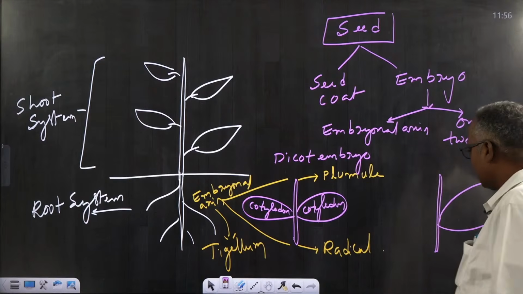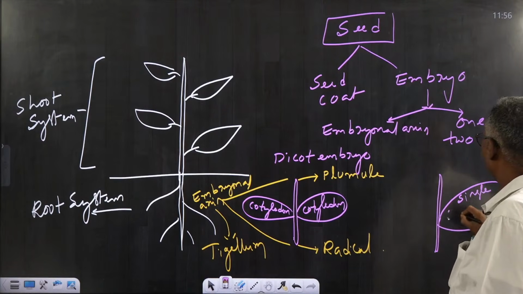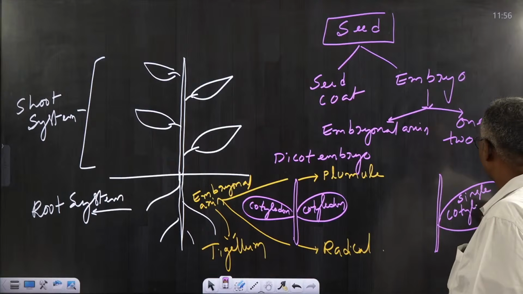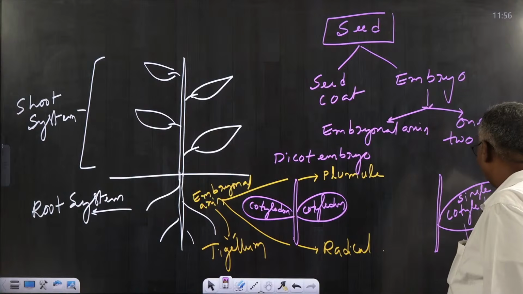How many cotyledons? Single cotyledon. The single cotyledon of grasses is called scutellum.